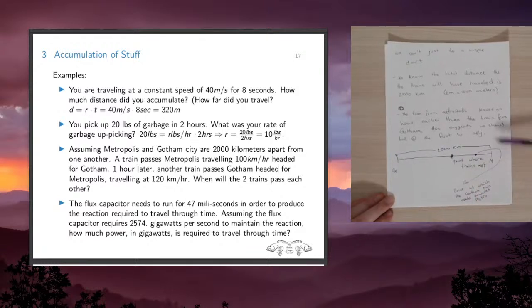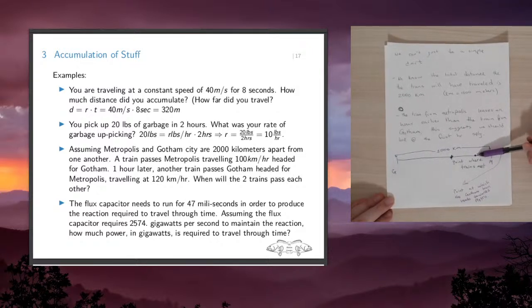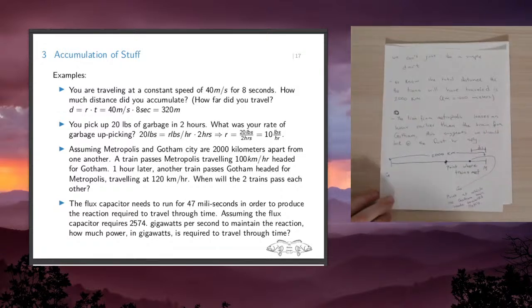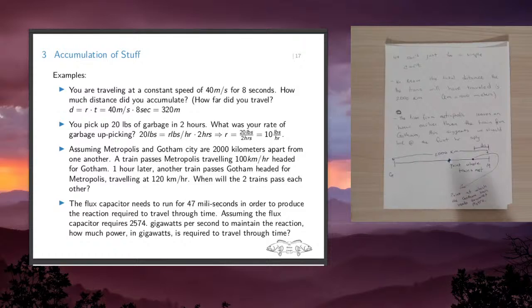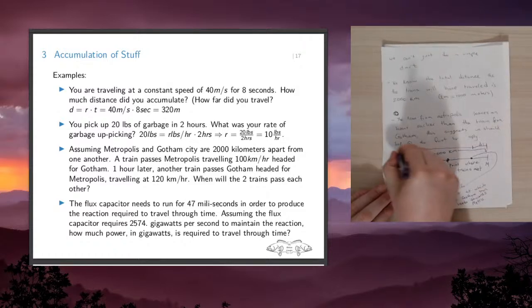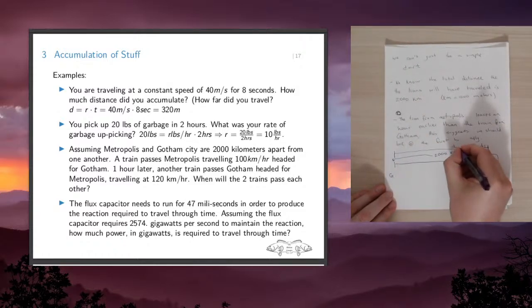So what is this? This is the distance that the Gotham-bound train went in 1 hour. So let's call this D1. And then the whole rest of this other distance, let's call D2.